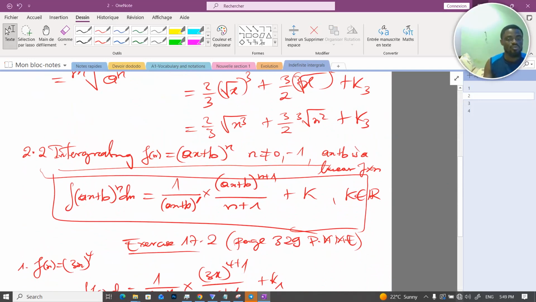When n is equal to minus 1, we're going to have 1 on ax plus b. Integrating this is different from this, so be very careful. When n equals 0, we simply have ax plus b to the 0, which is equal to 1. The integral of 1 dx is simply x plus the constant of integration.